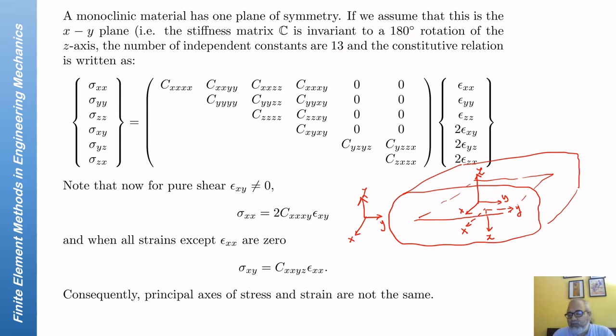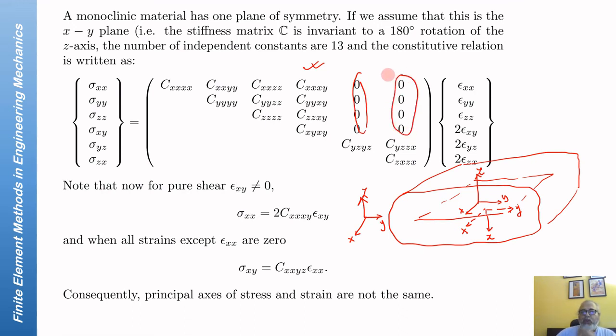But suffice to say that if this is to be true, that the material stiffness is insensitive to flipping of the z-axis by 180 degrees, then your stiffness matrix must have this form where these are 0.